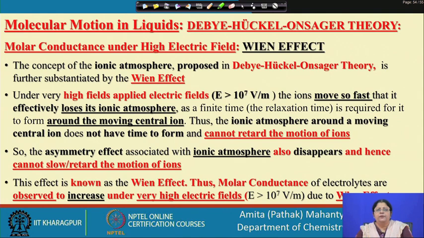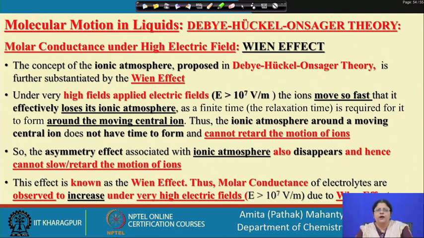Here we are not talking about the electrolyte concentration as such, we are talking about the electric field associated. If the electric field applied is very high, then the ions are going to be rushing towards the respective opposite electrodes, like the positive ion moving towards the negative and the negative ion moving towards the positive electrode.